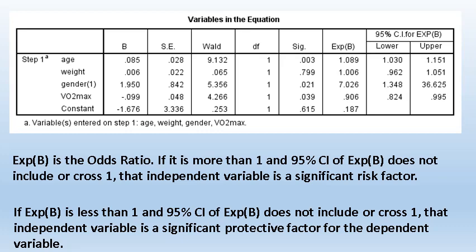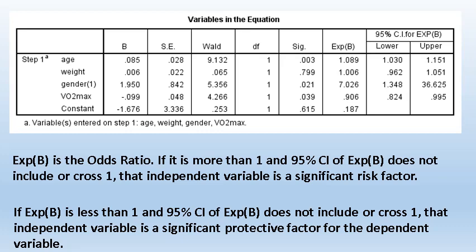Before going to statistically significant, we have to check the 95% confidence interval of exponential B. It varies from 1.030 to 1.151. It is not including 1. 1 is the null value, right? So, the exponential B for age is statistically significant. Age is a significant risk factor for heart disease.